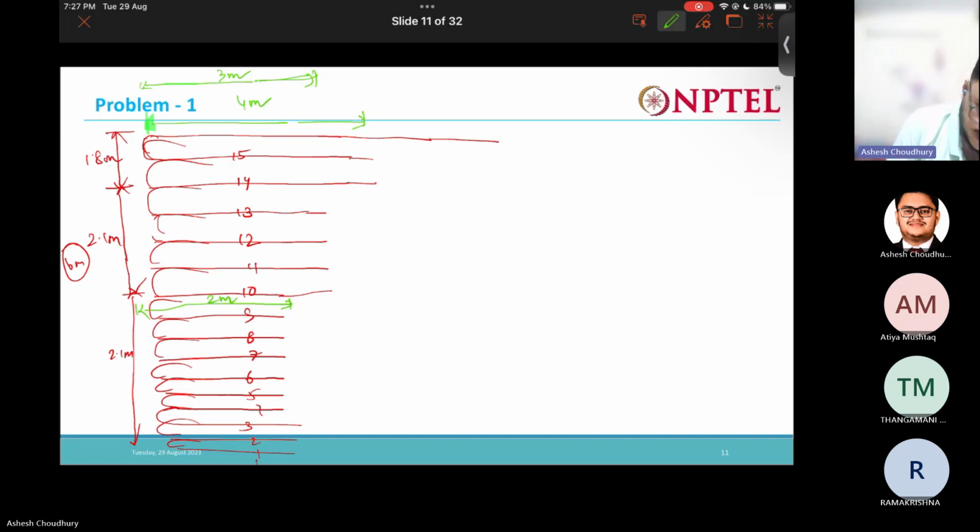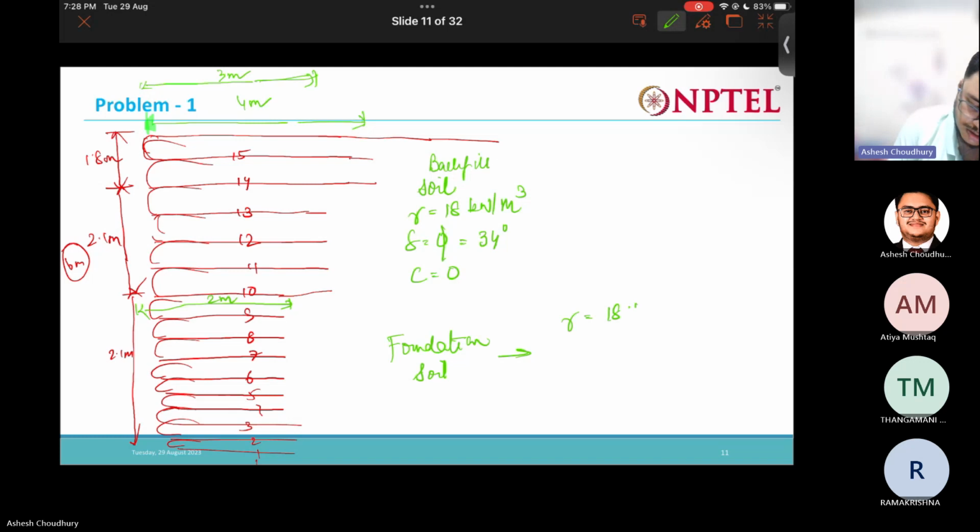I will just write the properties of the backfill. Backfill soil is equal to 18, 25, is equal to 5. And foundation soil is 15.